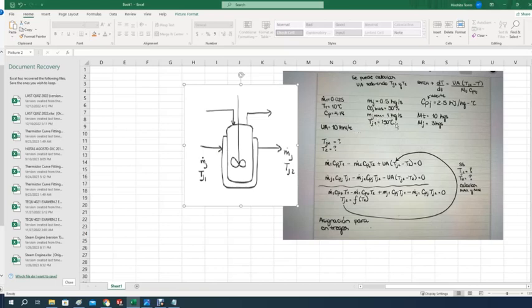Now the inlet temperature for the jacket, as I said, is 150. And there's nothing else to say here except that they're asking to calculate the exit temperature, this one here, TJ2, and the exit temperature for the tank, which is T2. Again, these two equations were developed in the previous video.